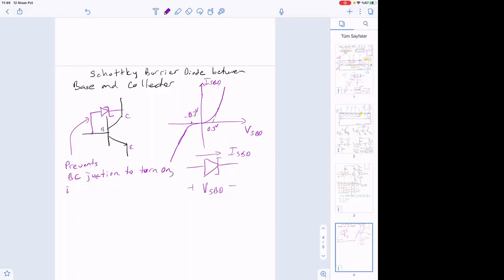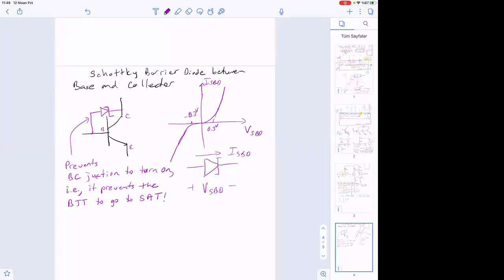That means it prevents the BJT from going to SAT.